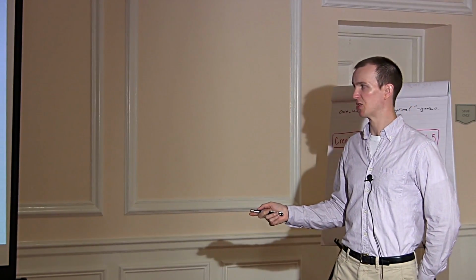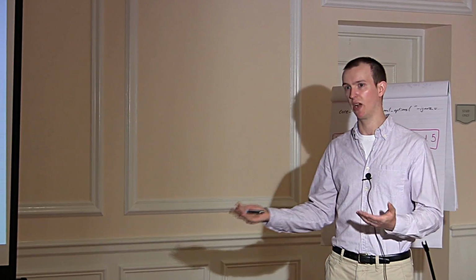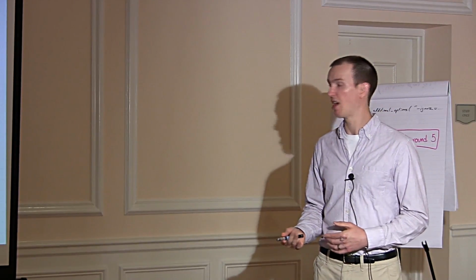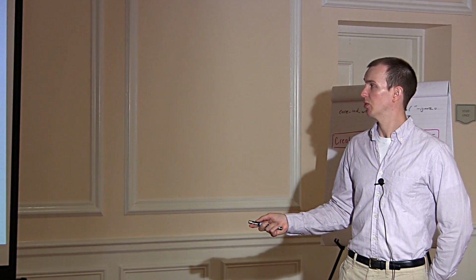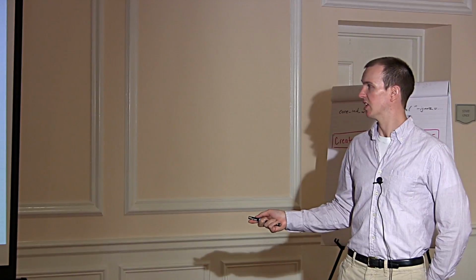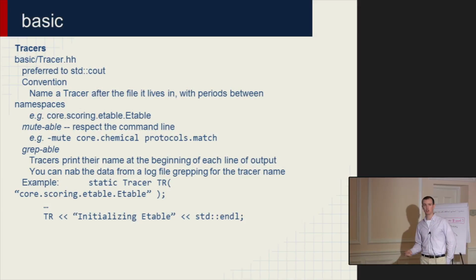You can see this message came from core scoring etable. So I can go there to look for whatever problem I was having, like just before it crashed, for instance. So yeah, this means that log files become more greppable, and you can get just the data you want for a particular tracer from a log file using grep.